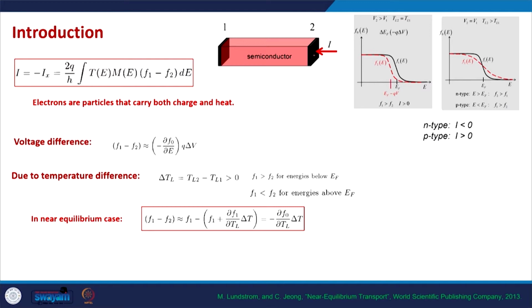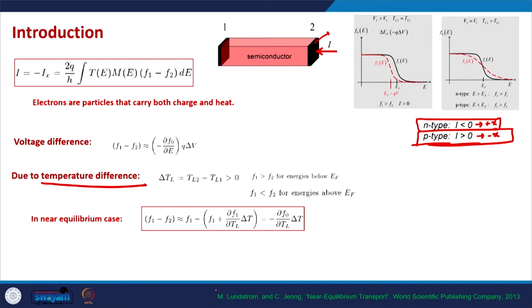Let us say we heat the semiconductor on contact 2, and if the current is in the minus x direction, in that case the semiconductor is p-type, and if the current is in the plus x direction, the semiconductor is n-type. So we can find out the nature of the doping in the semiconductor just by measuring the current due to the temperature difference.